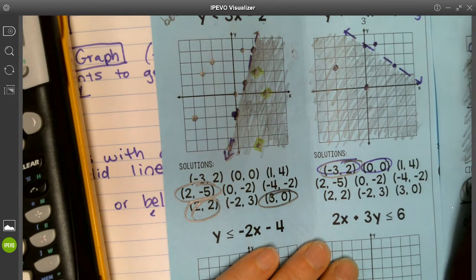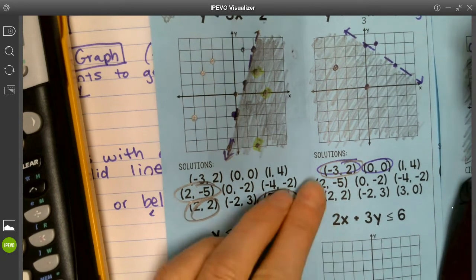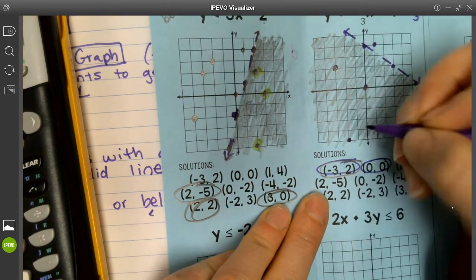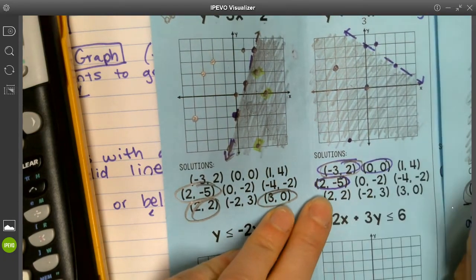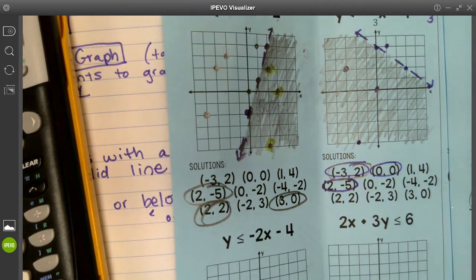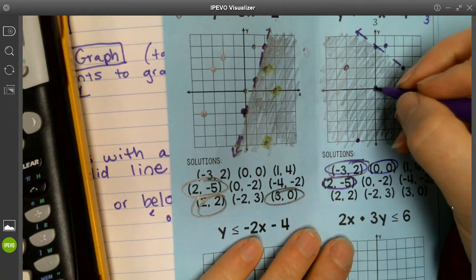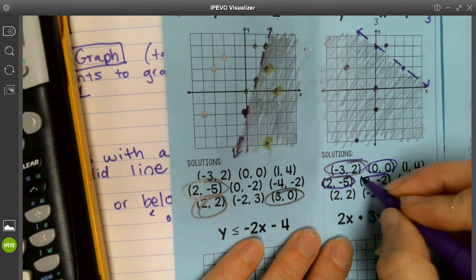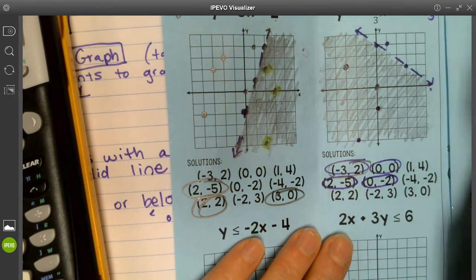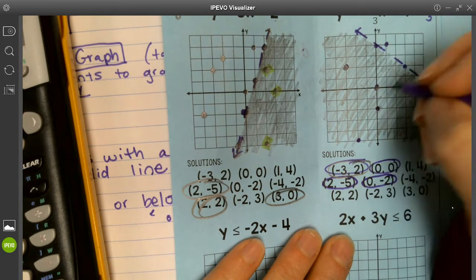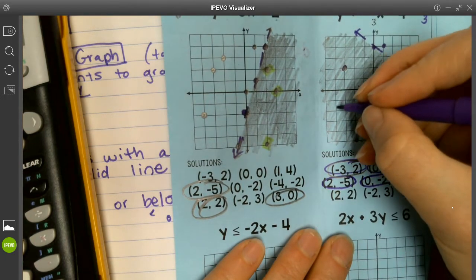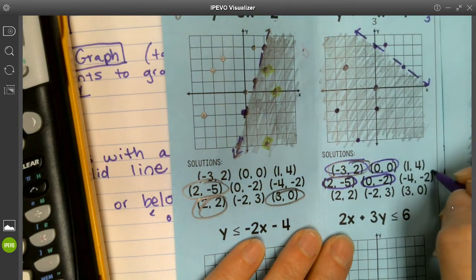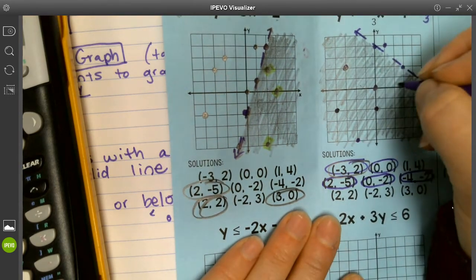It's a no-go there. 2, negative 5. 0, negative 2. Negative 4, negative 2. 2, 2.